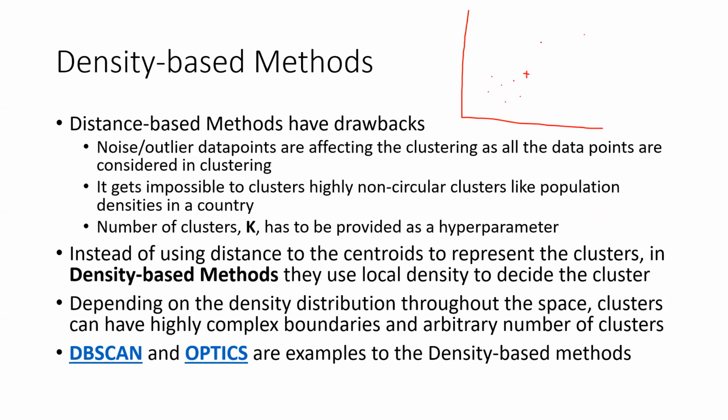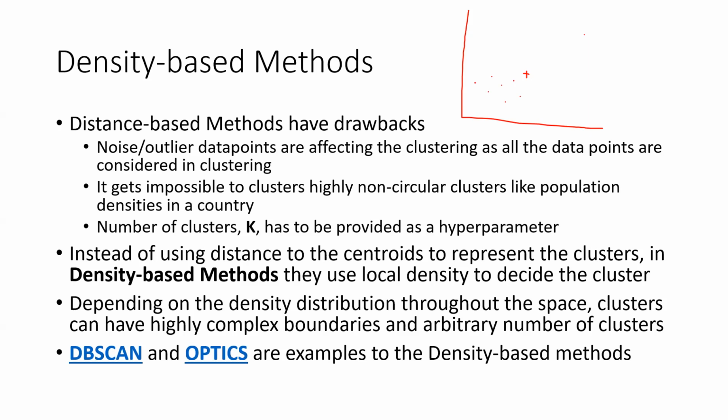But this is not correct, right? Because of this single data point, the centroid of all the data points has been affected in a significant way. So this is the problem with distance-based methods, right? And also it's impossible to cluster highly non-circular clusters as well, right?